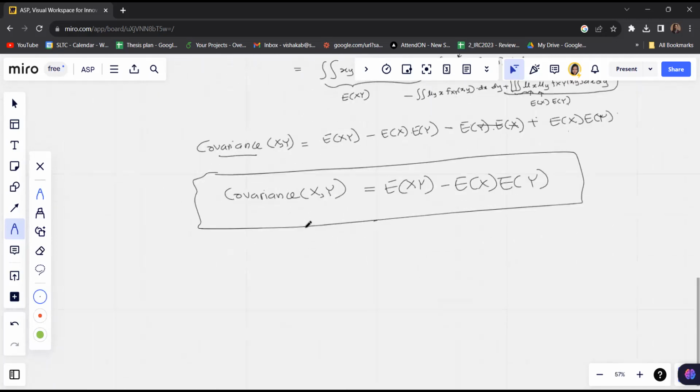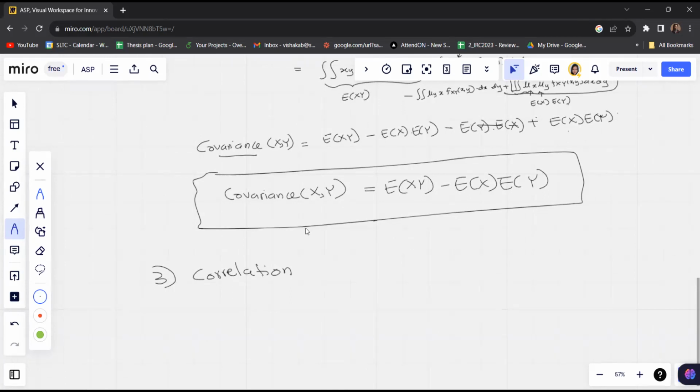So there are other parameters that we can use to study multiple random variables. So another statistical parameter is the correlation. And this is very important because it comes up in most of the places where we are considering two random variables.